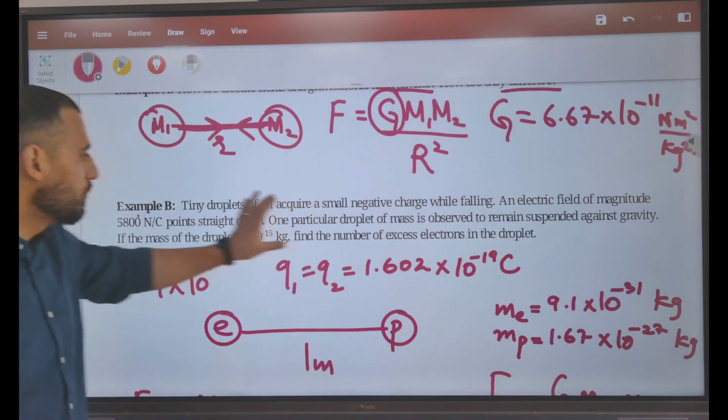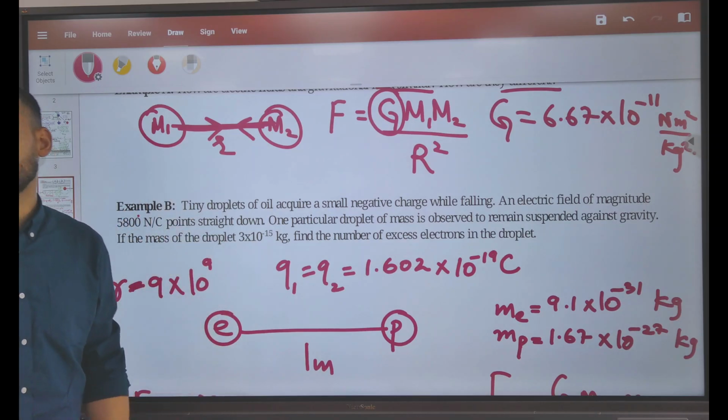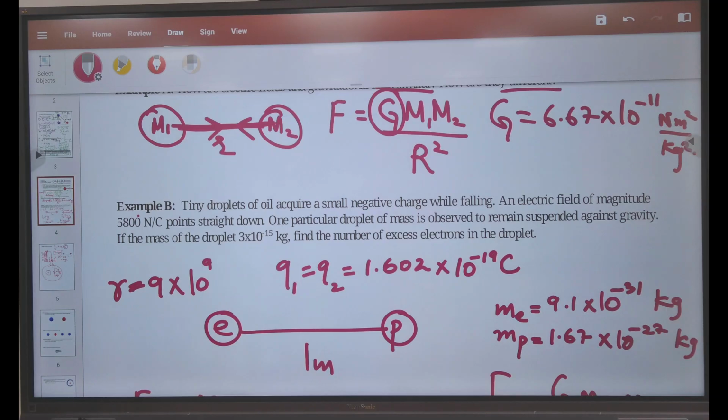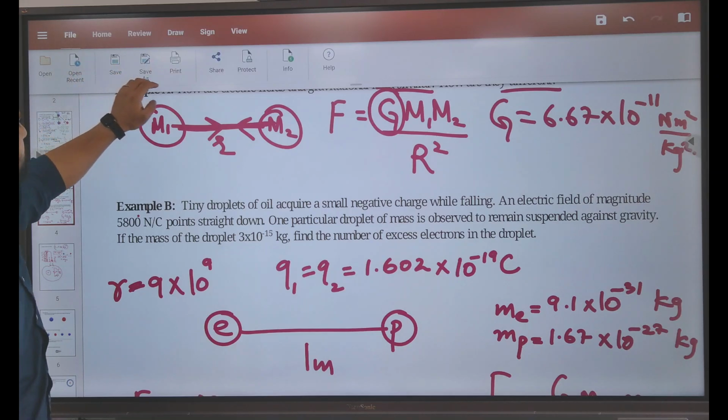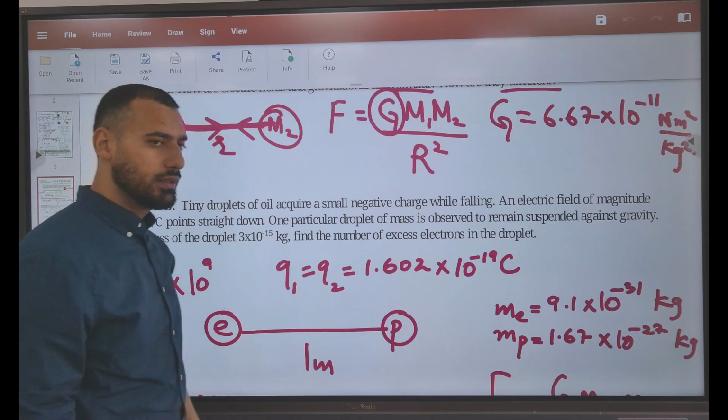This question is your homework. Example B. We do it tomorrow. Is that fine? Okay, thank you very much.